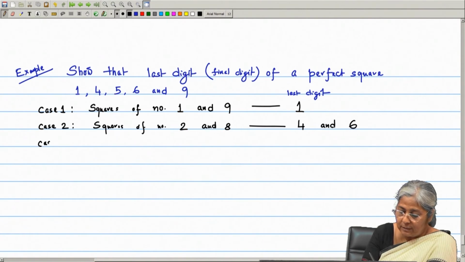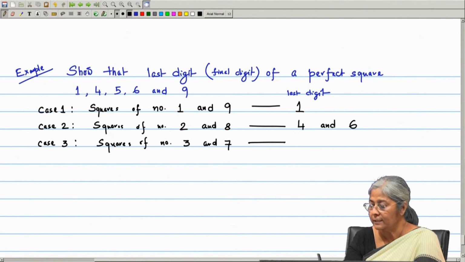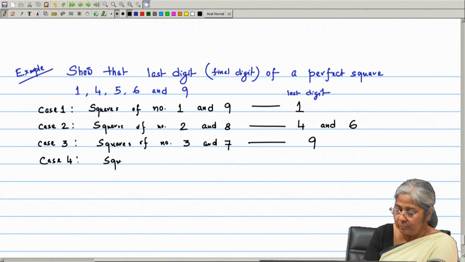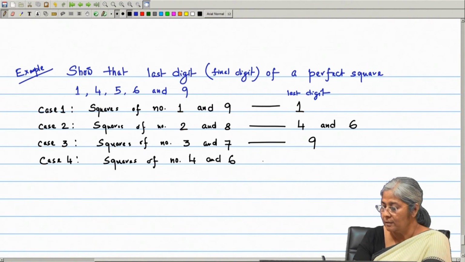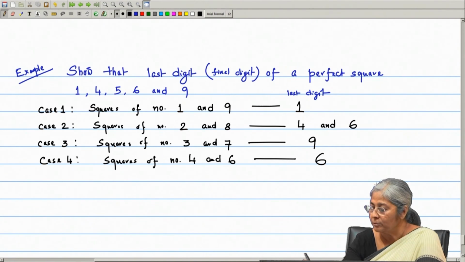Case 3, squares of numbers 3 and 7, in both cases it is only 9. Case 4, 4 and 6, in both cases it is only 6. Oh sorry, this is wrong, this is only 4.